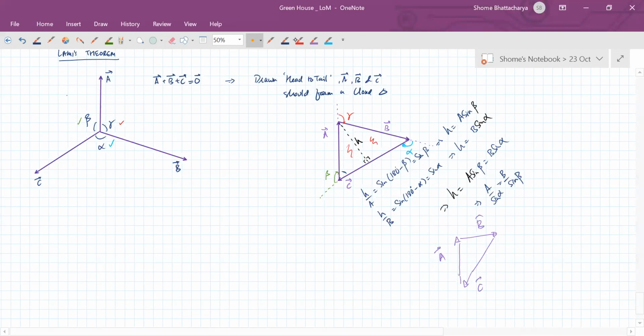For example, if I take this altitude from here, drop this. So this will give me that b upon sine beta is equal to c upon sine gamma, and then you combine these two statements. Okay, so you will get Lami's theorem.